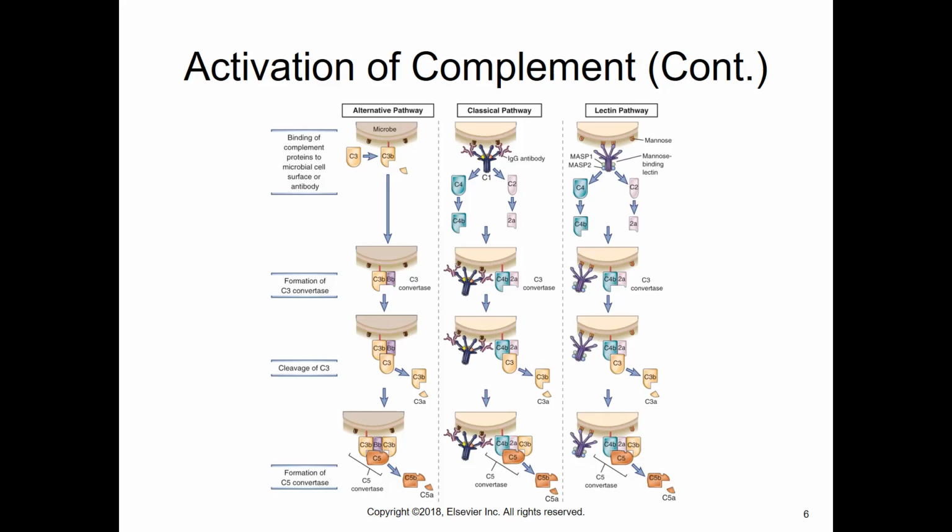The next one, the mannose binding lectin pathway, is initiated by binding of the complex of mannose binding lectin and associated serine proteases to arrays of mannose groups on the surface of the bacterial cell.